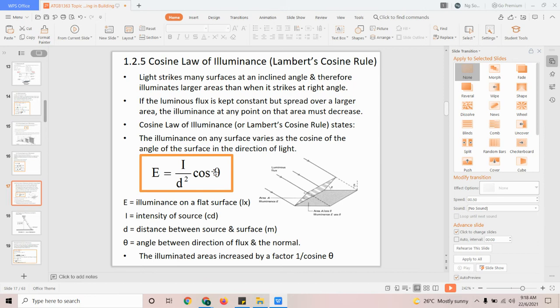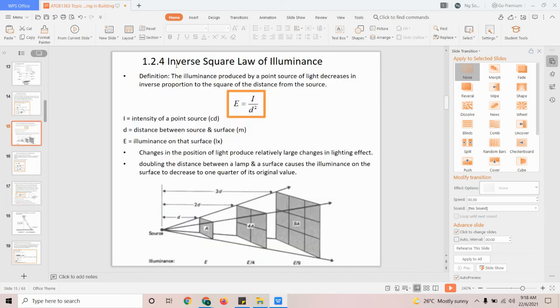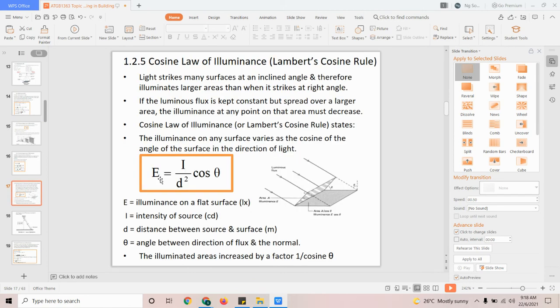This cosine law of illuminance is basically the same as the inverse square law of illuminance, if you notice it. You have E equals I over D squared, and here you have E equals I over D squared times cos theta. It is basically the same as the inverse square law, but instead of the light source striking the surface at a right angle, now the point source is striking the surface at an inclined angle. That's why this cosine law of illuminance comes about.